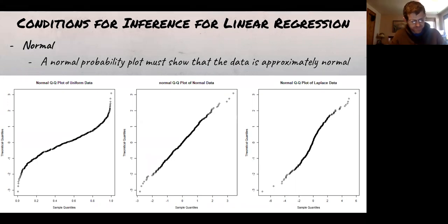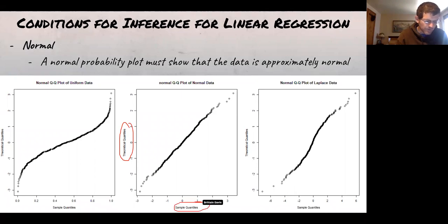So a normal probability plot, just as a reminder: you can take the z-scores that you end up with and compare them to the expected z-scores. What you have on the left here are theoretical quantiles, and then here's your sample.